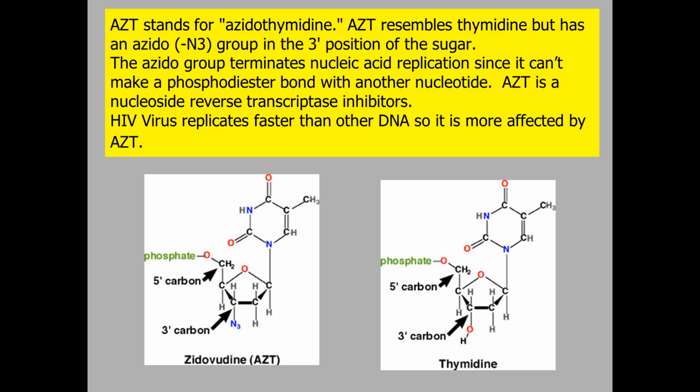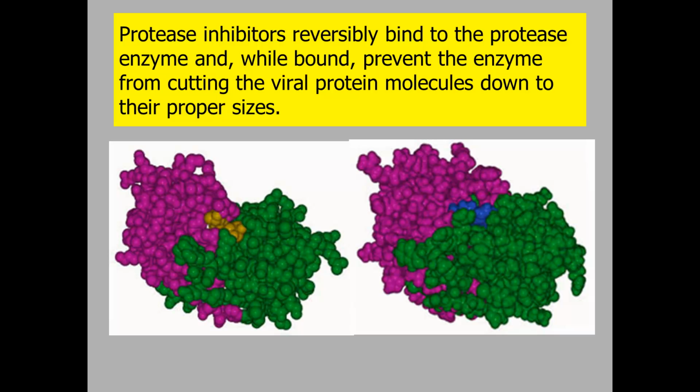So the side effects that you're going to see are going to occur because of replication of other DNAs being affected, but it's going to effectively work on cells that have a big virus load in them. So rapidly growing cells are going to have side effects from the AZT, but the rapid virus growth is going to be positively affected.